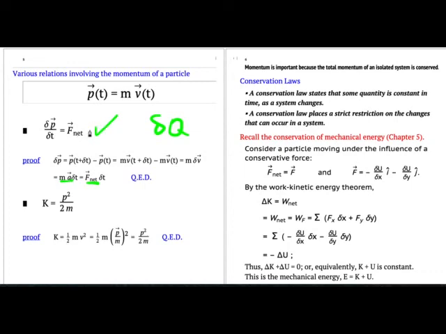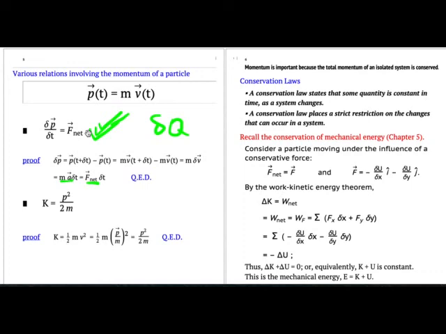In fact, in Newton's book, in which he first wrote down the laws of motion, this is the form that he used for what we today call Newton's second law.